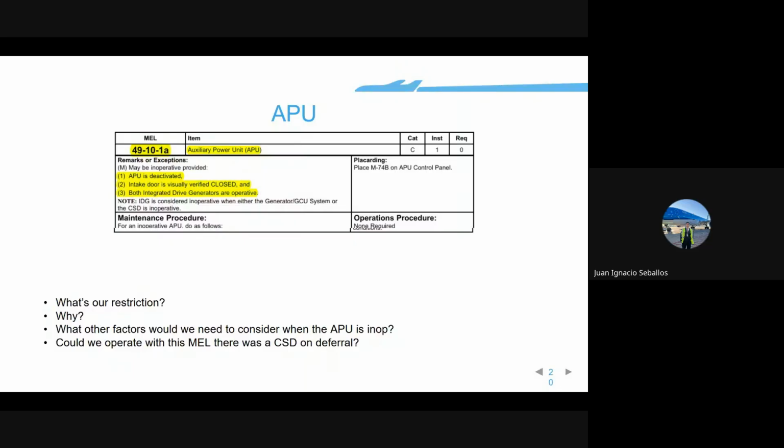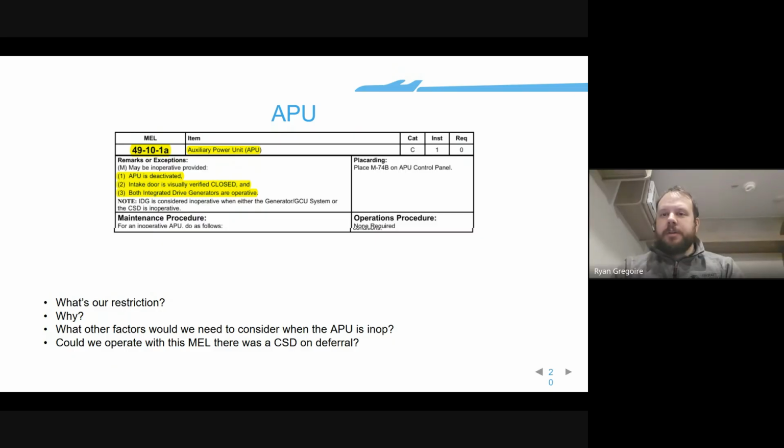An AC unit. Yeah, air conditioning would be good. Somebody just put in chat. Let me see if I can pull that up. Yeah, so Betty Sue said provide electrical power, which we have discussed.